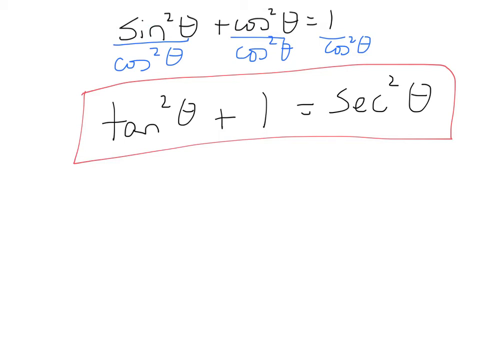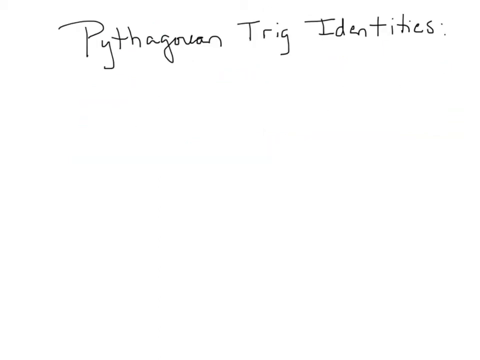So what I want to do is write each of those so that you can see the pattern. What I have here are the Pythagorean trig identities. The first one, of course, is sine squared theta plus cos squared theta equals 1.